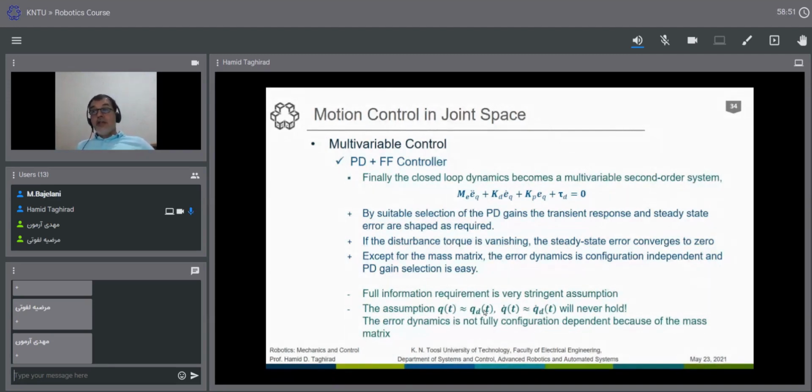So usually the dynamics is not fully configuration independent, and this makes tuning the controller much harder. And this will lead to our next controller, which is the most important, the foundation controller that we use in robotic manipulators. If there is any question, we can just go ahead.